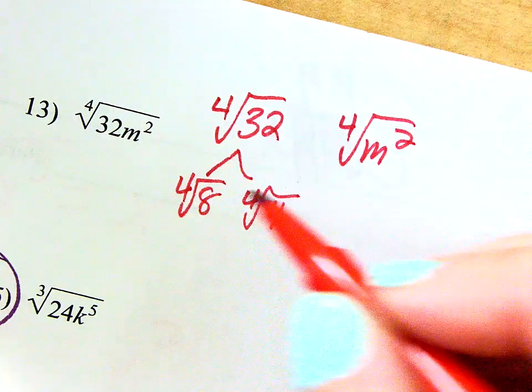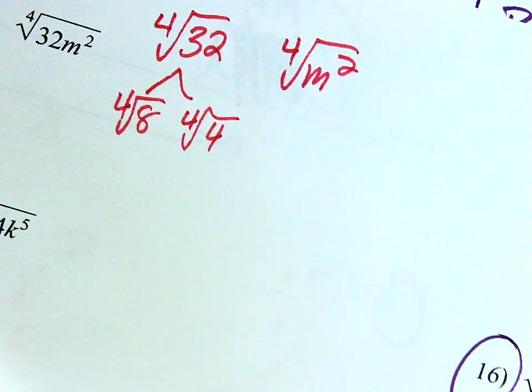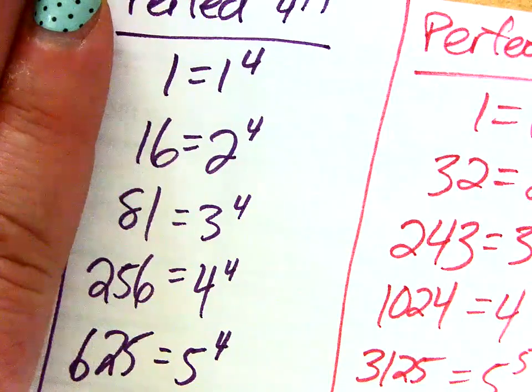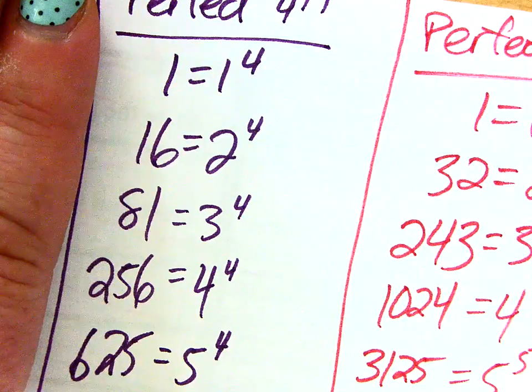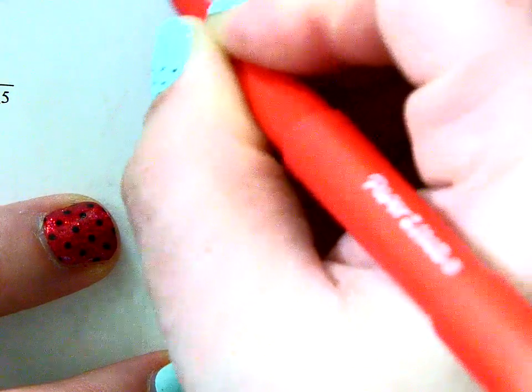Oh wait, that was cubes. I'm sorry. We weren't looking at perfect 4ths at all. There's my perfect 4ths in purple. So what goes into 32? 16. Sorry. So that should be a 16 and a 2.